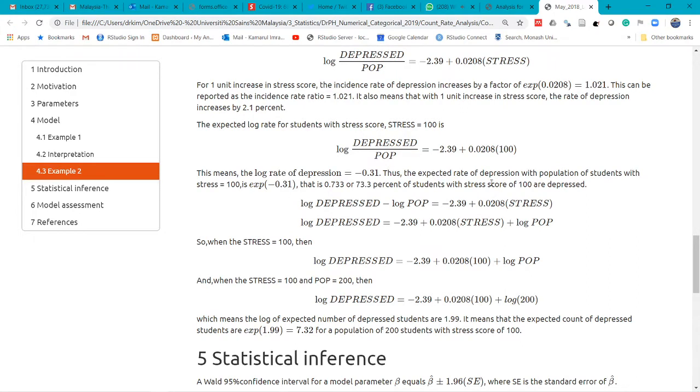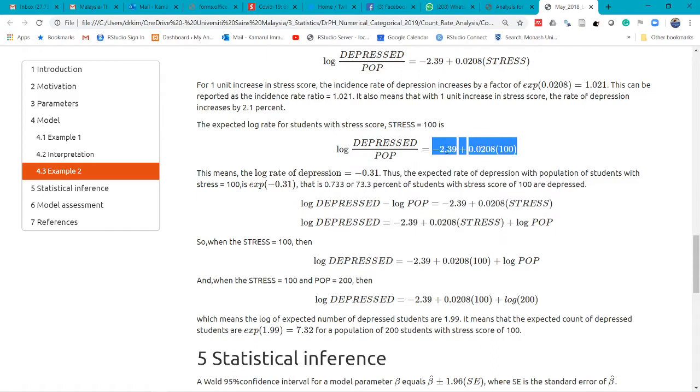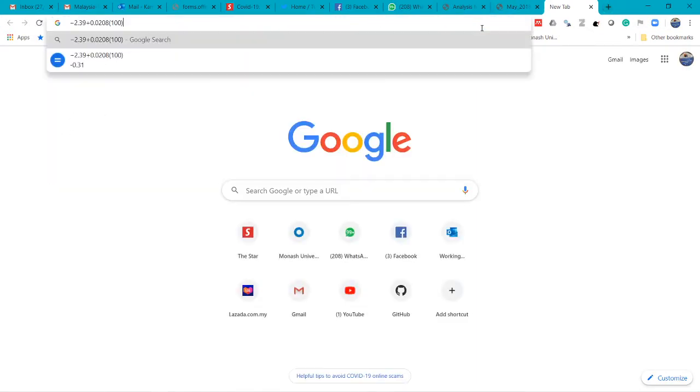The expected rate of depression, the log of the rate, equals minus 2.239 plus 0.0208 times 100.